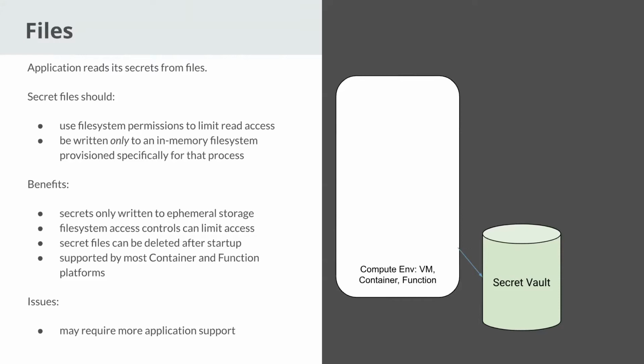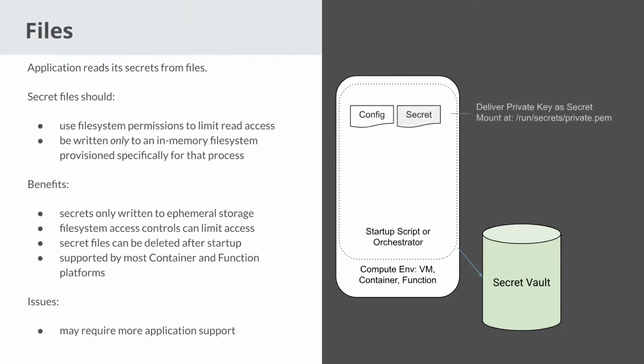One thing that you do need to be careful of is that you can use file system permissions to limit read access. So let's go through this example. You've got your startup script or orchestrator. It makes an in-memory file system, and then it goes off and retrieves the secrets and writes them as files onto this in-memory file system.